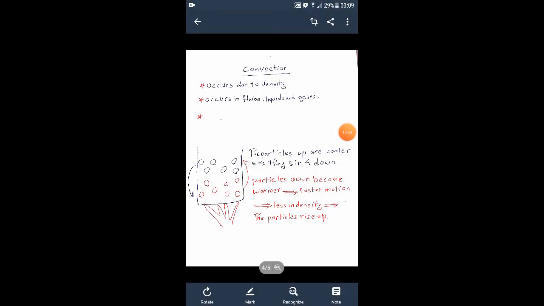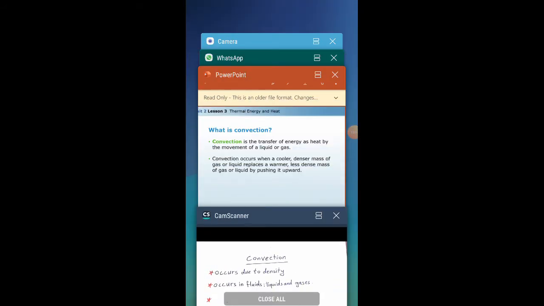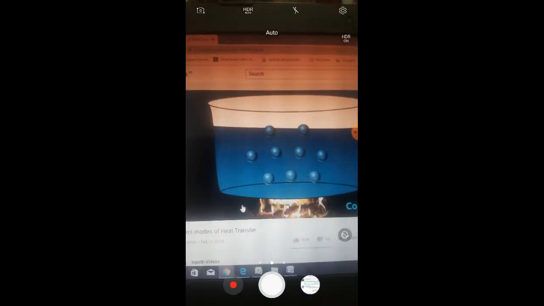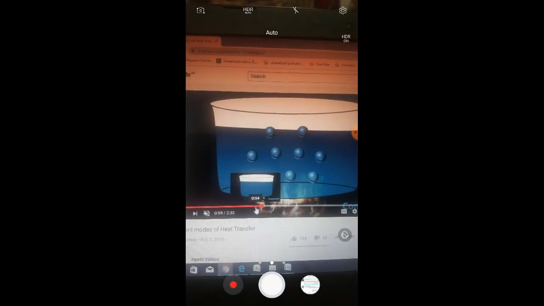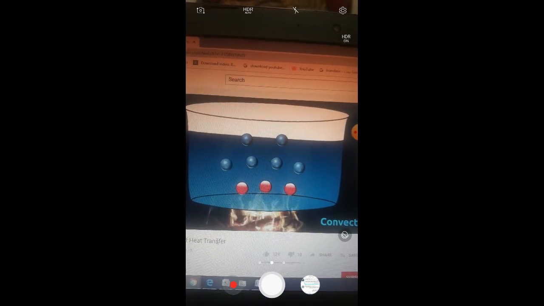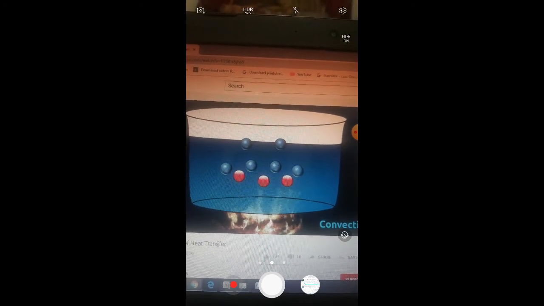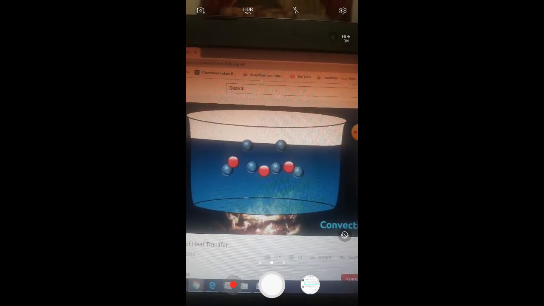We can see that here. Look at this. The example that I talk about. As you see, what will happen to the particles? They become warmer. When they become warmer, they become less dense, they rise up.